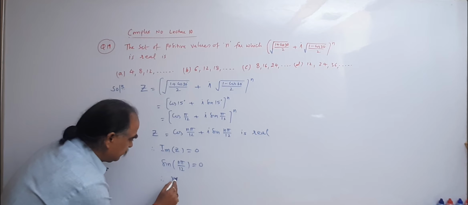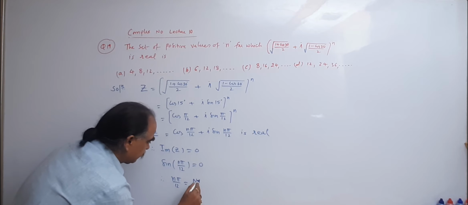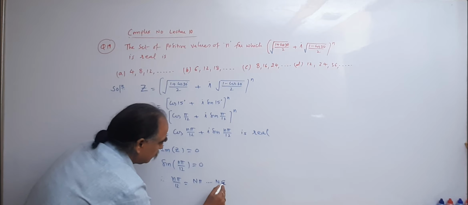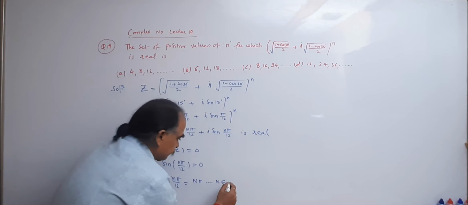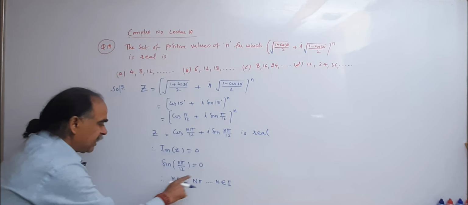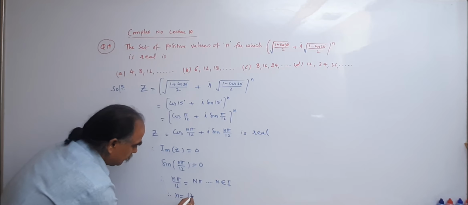Therefore, n pi by 12 is capital N pi. Capital N is an integer. Pi will get cancelled, so small n is 12 into N.